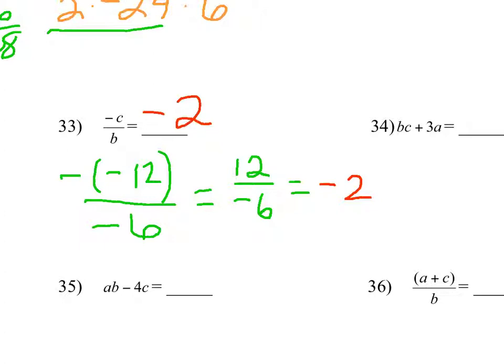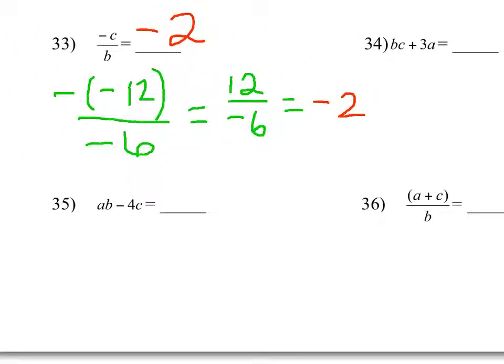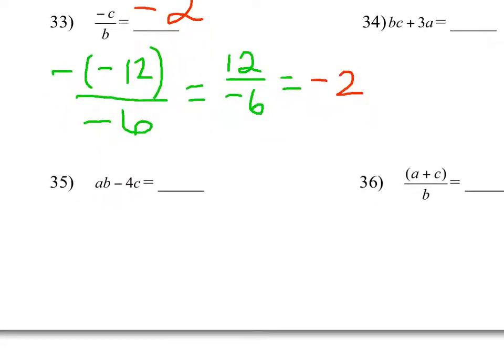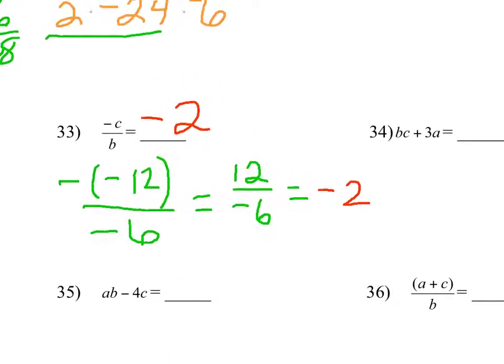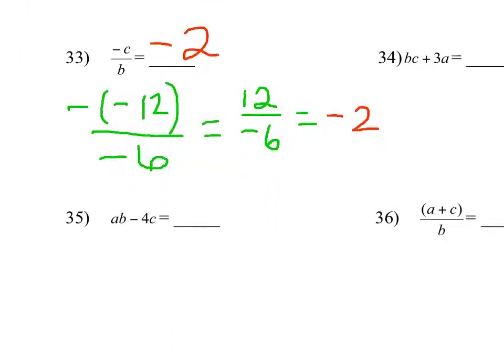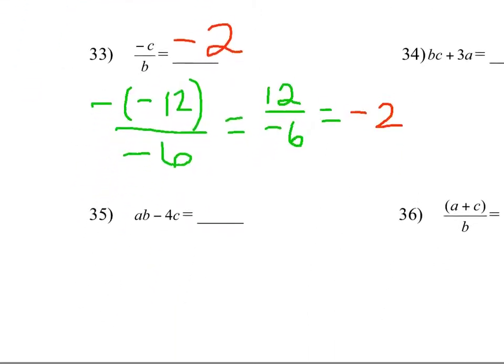Let's do 2 more. And let's see, scrolling down. I'll do the last 2 with you. Hopefully you're trying them first and then checking. Okay? Follow along, but pause and plug in as we go. All right, so we have A first. So we have A times B. A was negative 24 and B was negative 6.